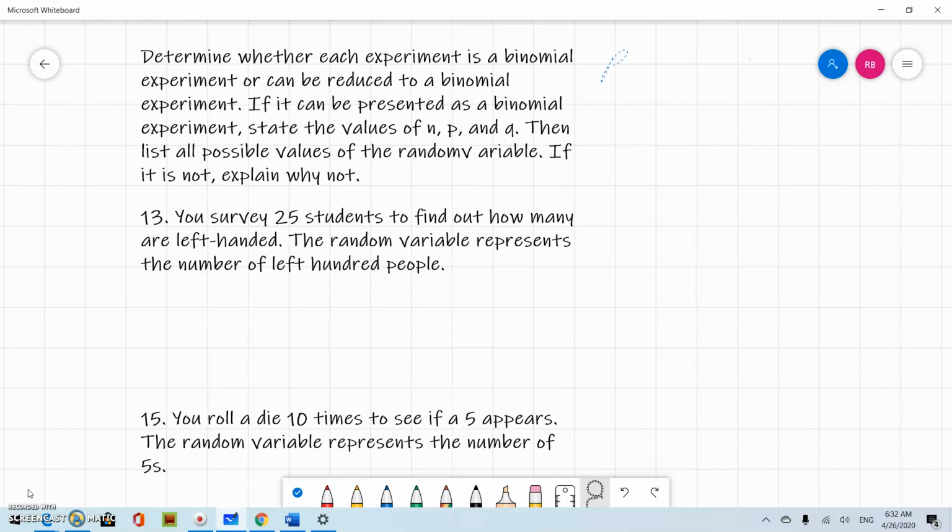So let's review what binomial was. There are a couple conditions that you have to follow. The first one was that there are two outcomes, right? There are success and failure. The second one is that the probability p, the probability of success, stays the same.